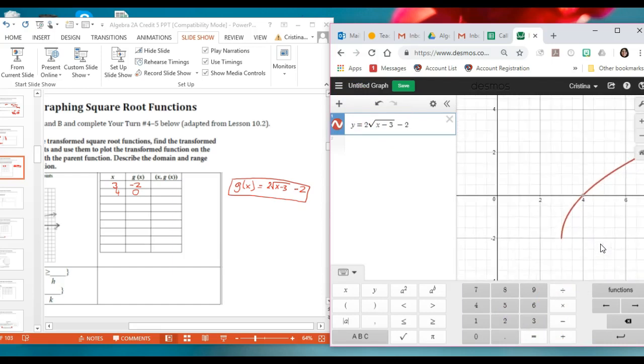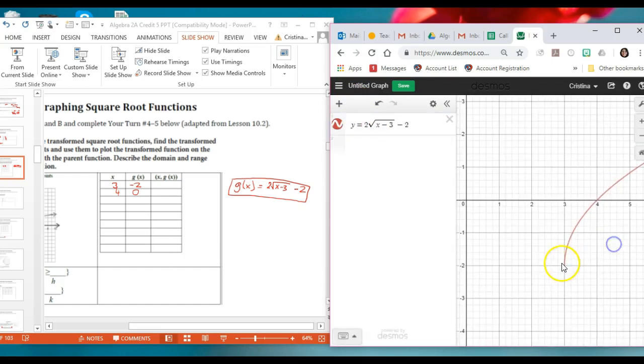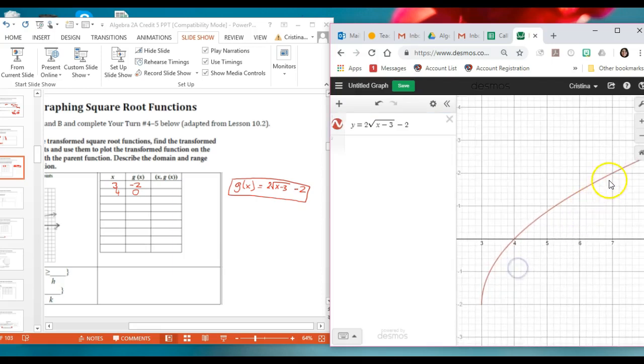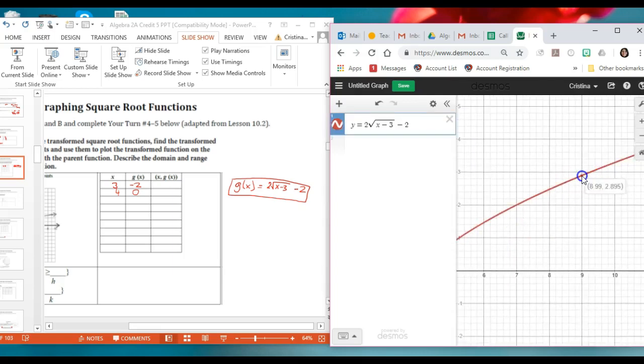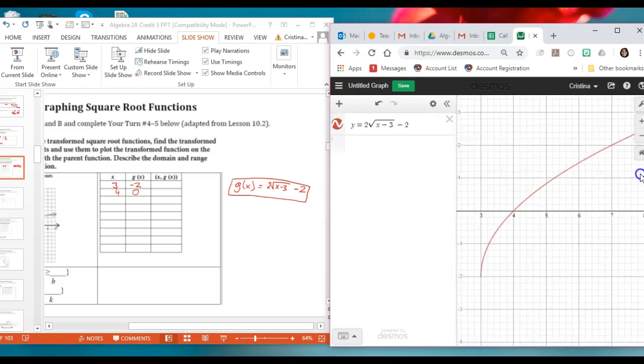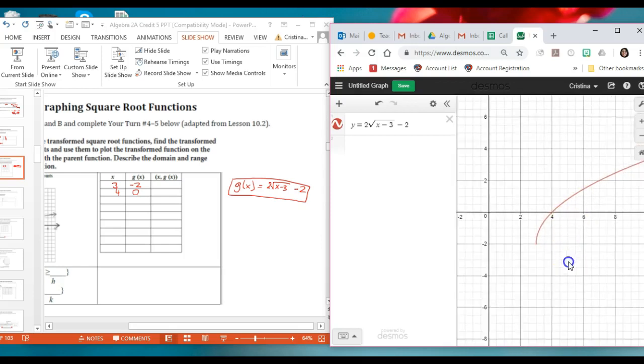And you'll notice here my 2 reference points are 3, negative 2, and 4, 0. If I continued on, you would see I have a couple more points that I can use to plot this out, but essentially my graph would look something like this.